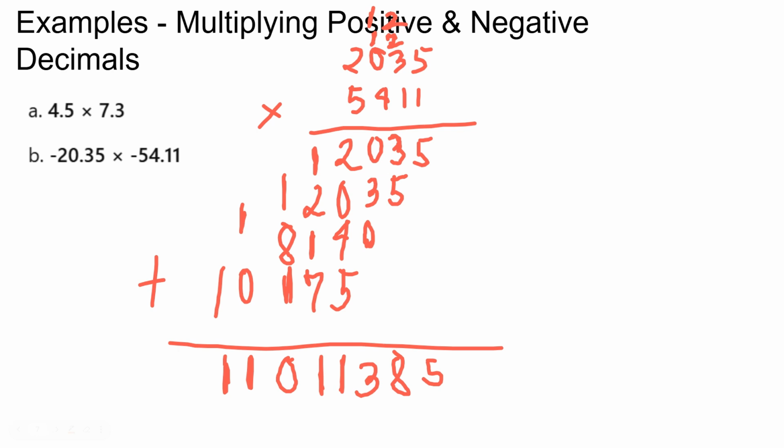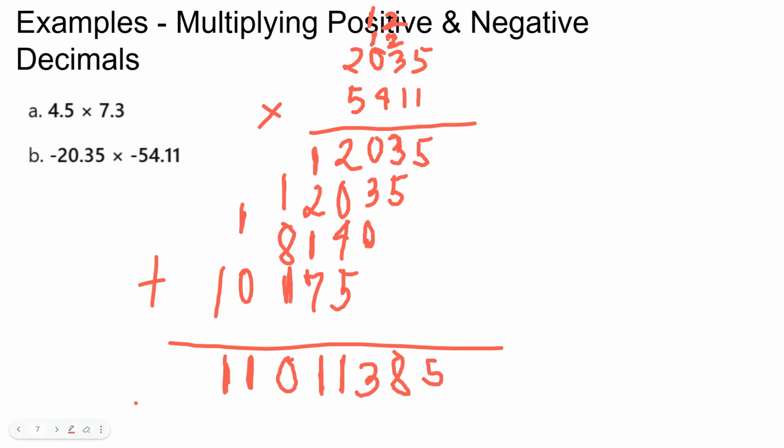Now, the next thing that we need to do is count the decimal places. Count the decimal places, the digits to the right of the decimal point in both numbers we were multiplying. So let us now count.